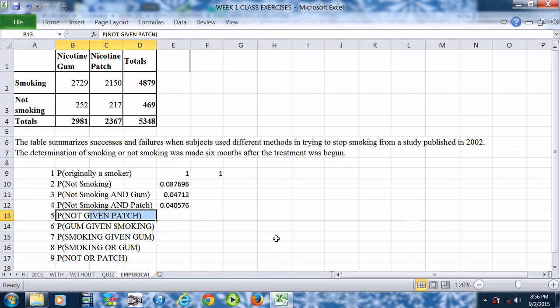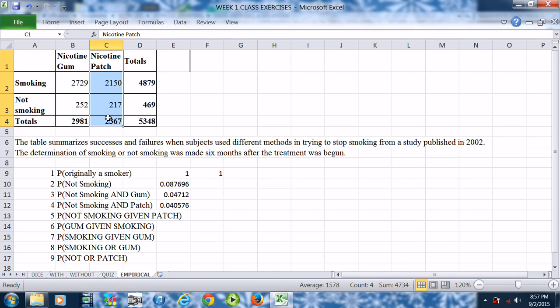Let's look at a different type of problem. The probability of not smoking given they tried to quit with the patch. So given means we know they tried to quit using the patch. If we know they tried to quit using the patch, we're only interested in this single column. We're no longer interested in all 5,348.